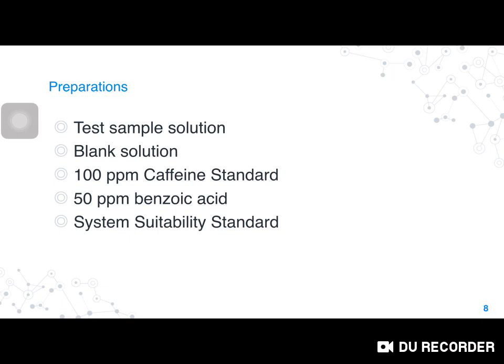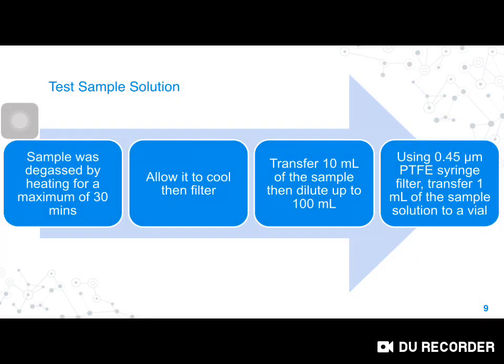The solutions to be prepared are as follows: test sample solution, blank solution, 100 ppm caffeine standard, 50 ppm benzoic acid standard, and a system suitability standard. For the test sample solution, carbon dioxide and other gases were removed by heating. 10 ml of the cooled and filtered sample was diluted up to the 100 ml mark.